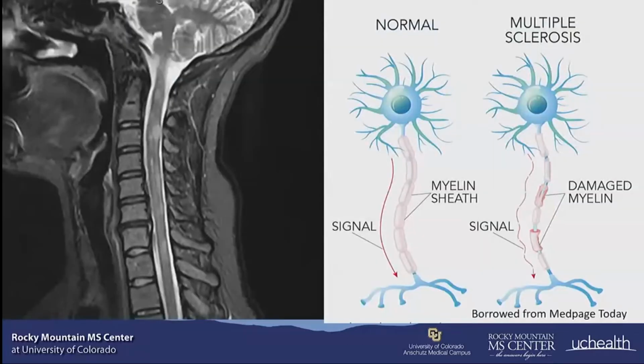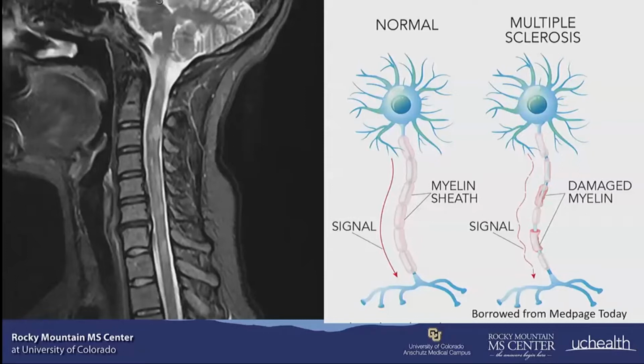On the left-hand side, you see an MRI of a person's neck or cervical spine, and this person has MS, and they have some characteristic plaques or spots in their spinal cord. This is what MS does. It causes inflammatory damage to various parts, including the spinal cord, and that can lead to MS symptoms.